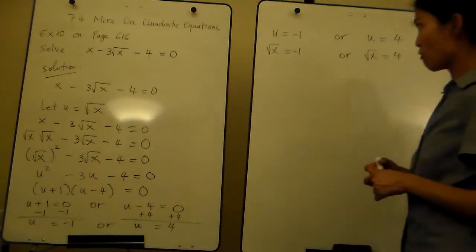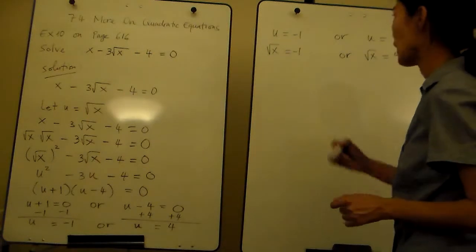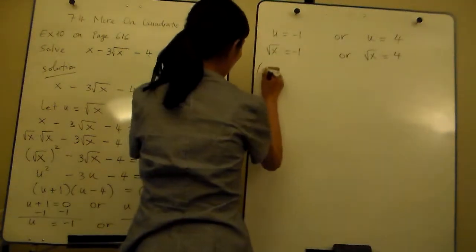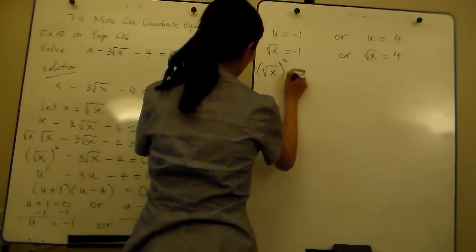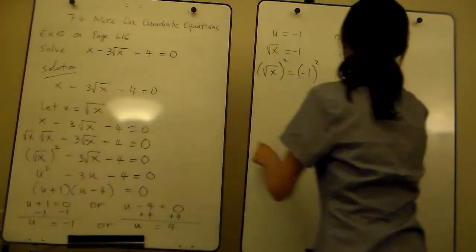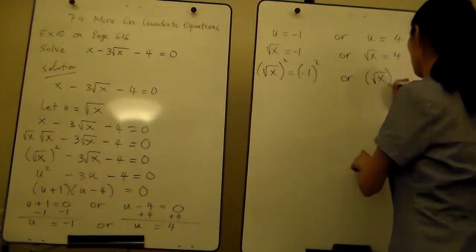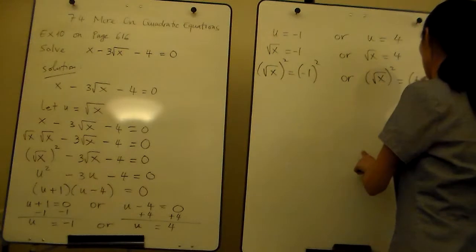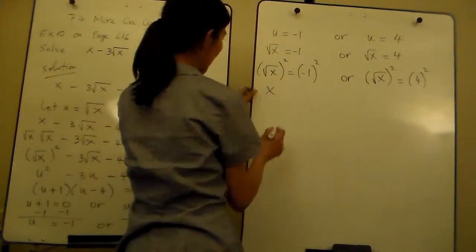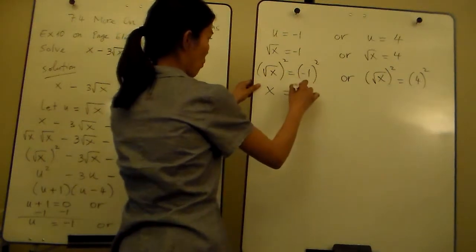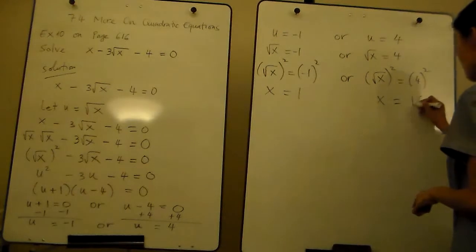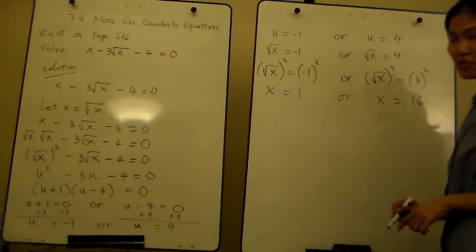To solve for x, you square both sides. So this becomes x equal to 1, and this x equal to 16. So you have two possible solutions.